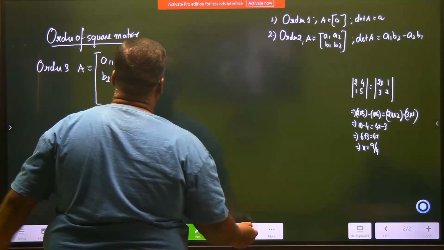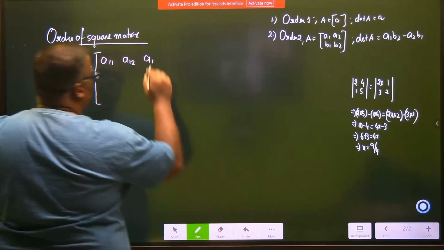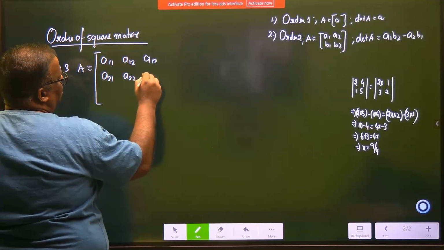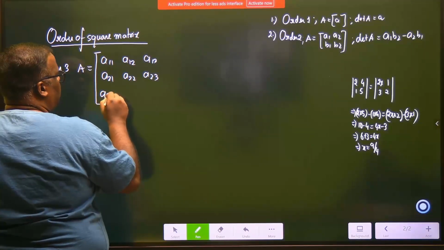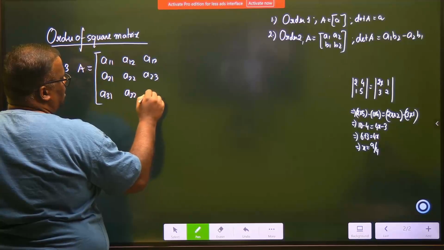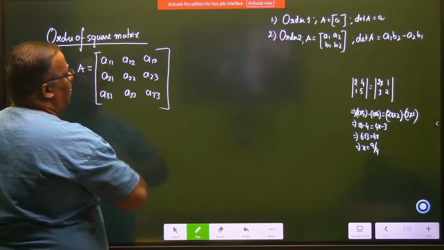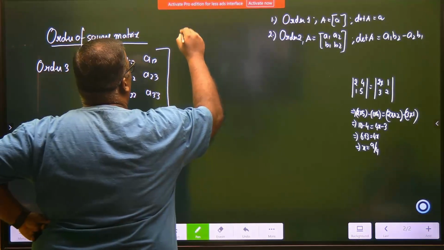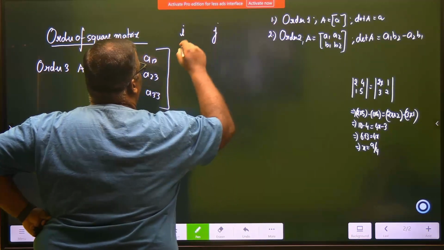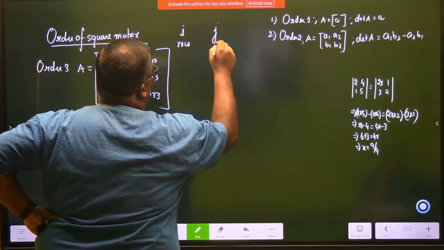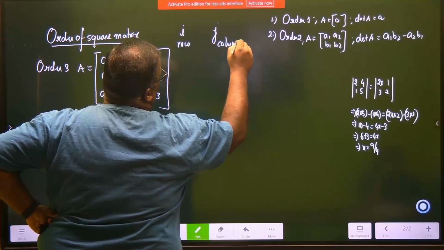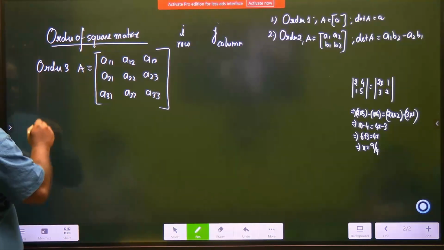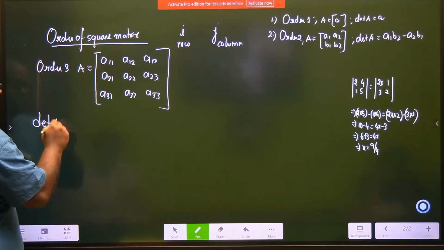Let's keep it only in terms of A, then your job becomes easy. You don't need to first know the meaning of the words i and j. i stands for row, j stands for column. Now we have to find the determinant of A.